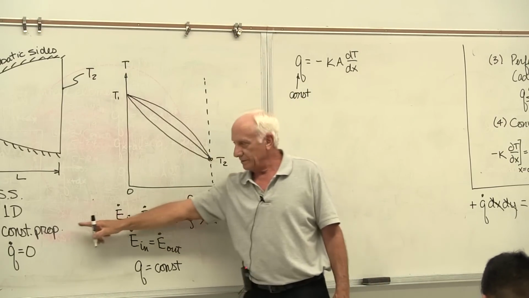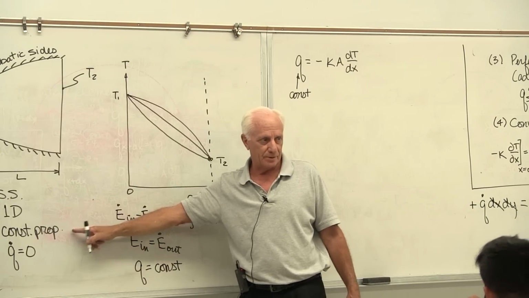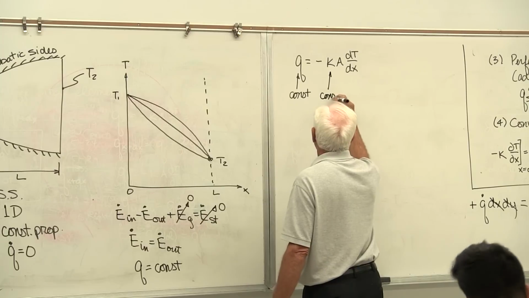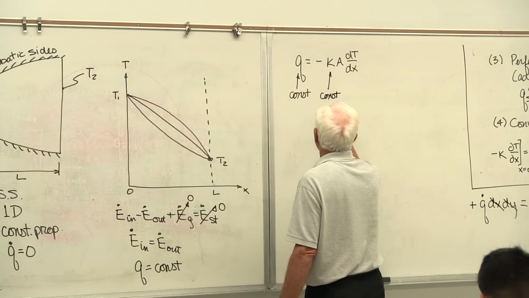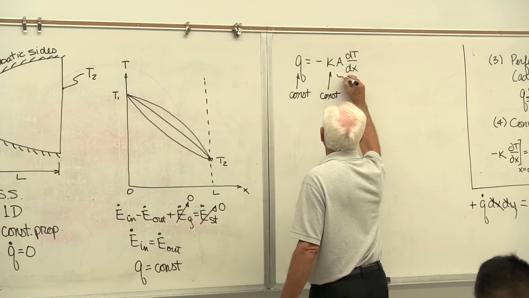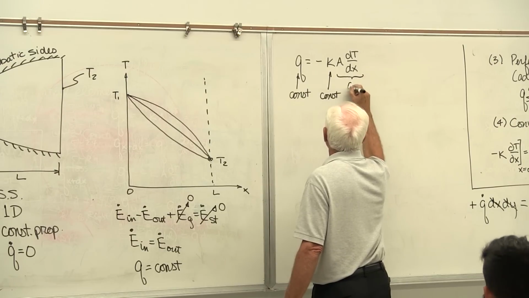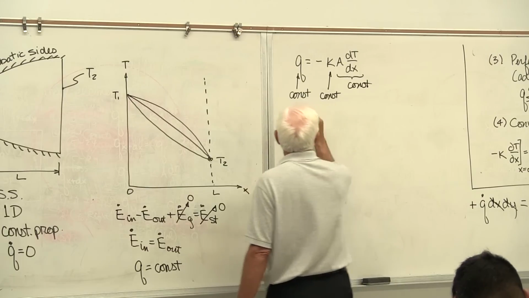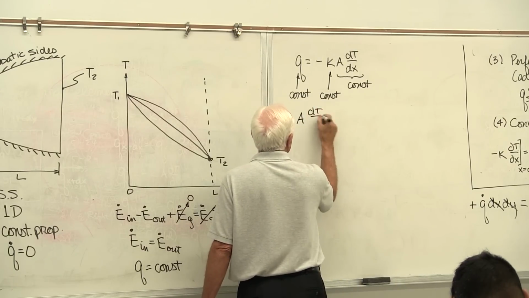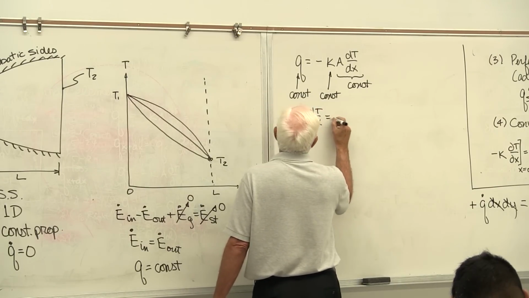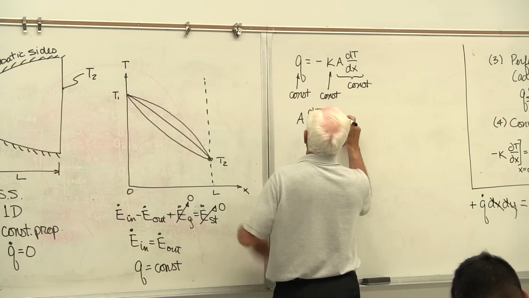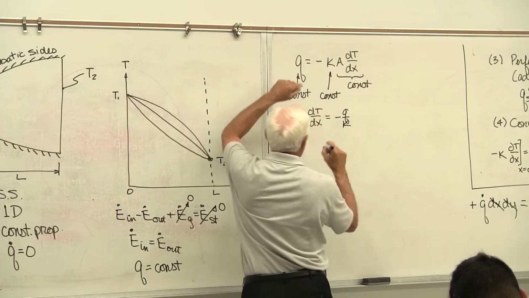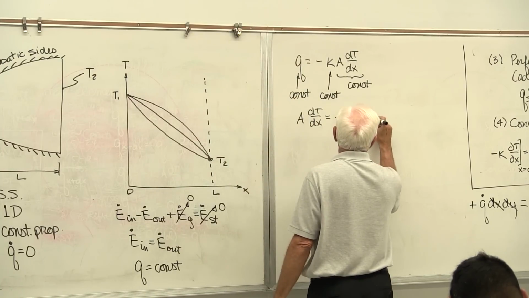The problem said assume constant properties, so K is constant. The conclusion is that this thing right here must be a constant: A dT dx equals minus Q over K. That's a constant.